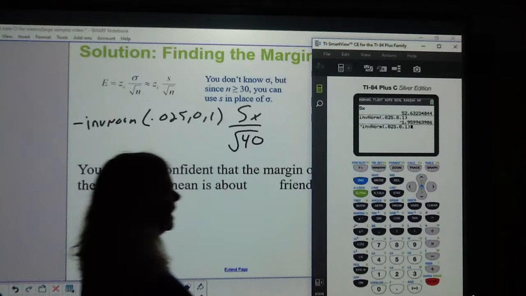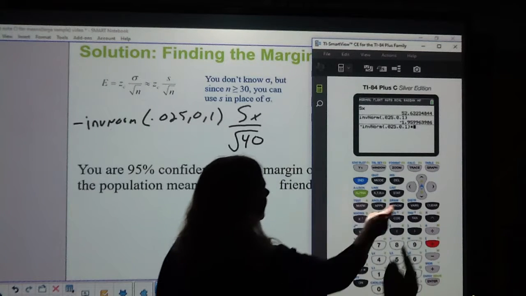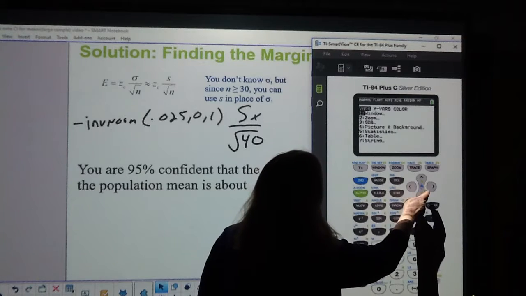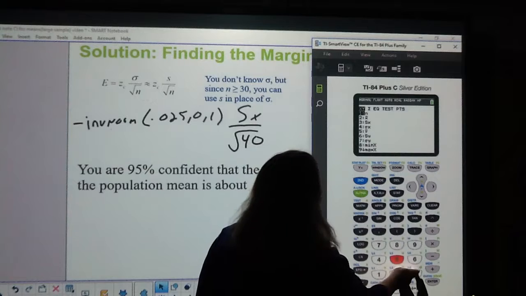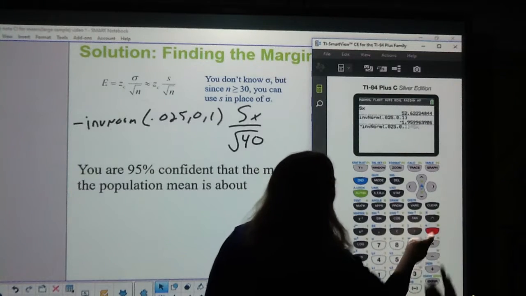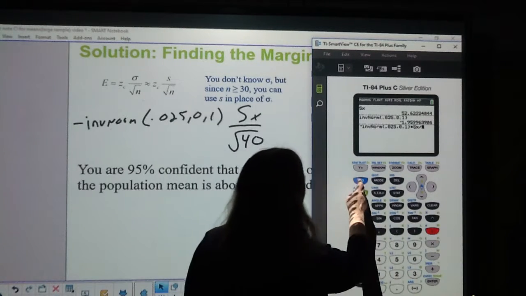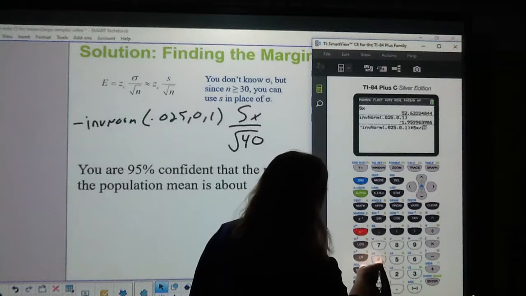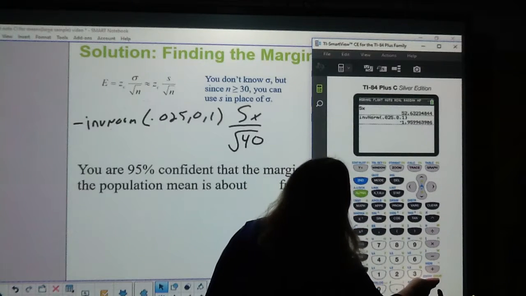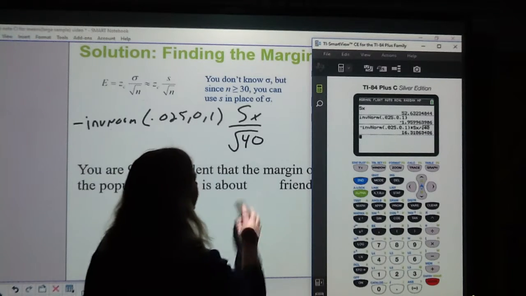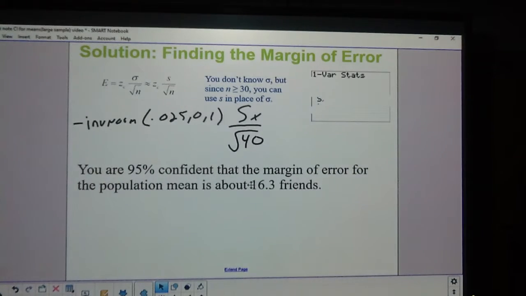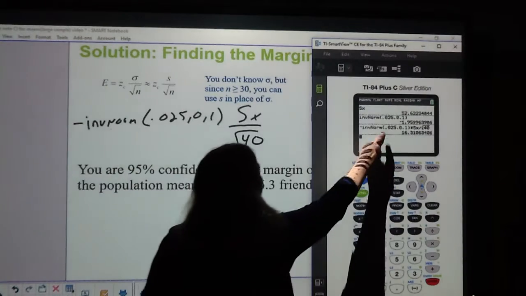And then now I want times VARS, statistics, which is 5. S of x is 3. Divided by square root of 40. And you get 16.3. That's what you got in your calculator.